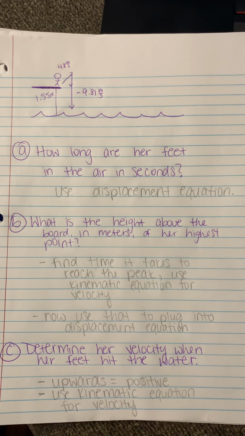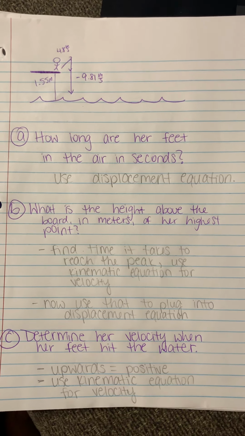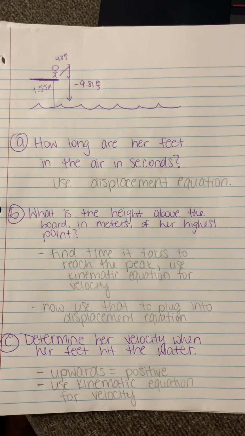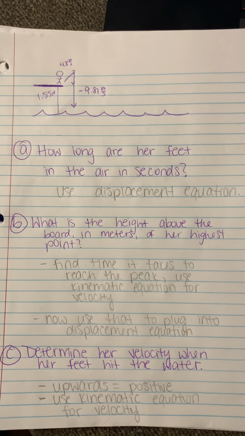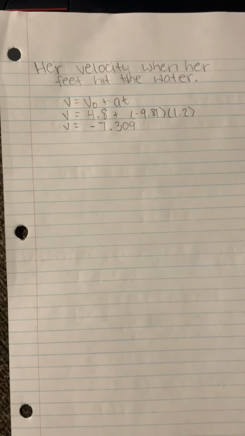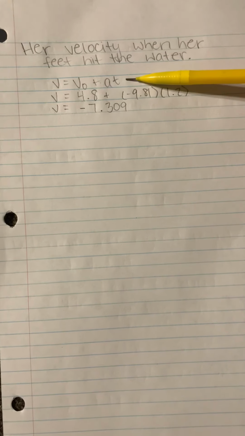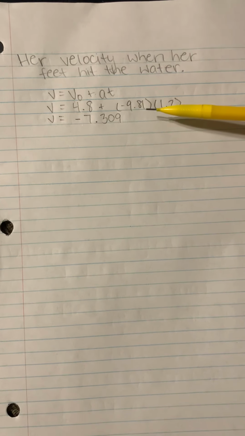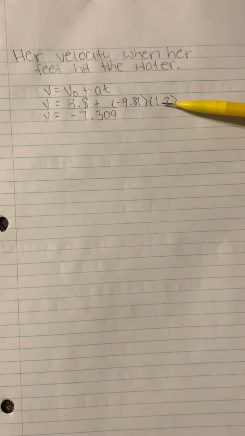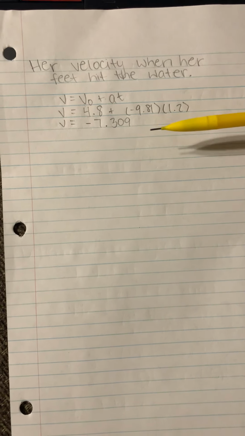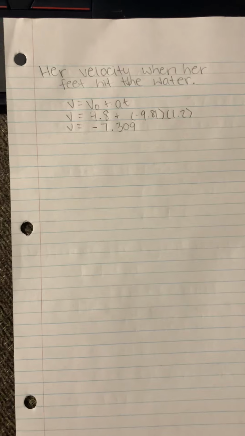Determine her velocity when her feet hit the water. It's part C. So in this, we're considering upwards the positive direction. So we need to use the kinematic equation for velocity. Plug in our 4.8 plus our acceleration due to gravity, negative 9.81, times 1.2, and then we end up getting negative 7.309.